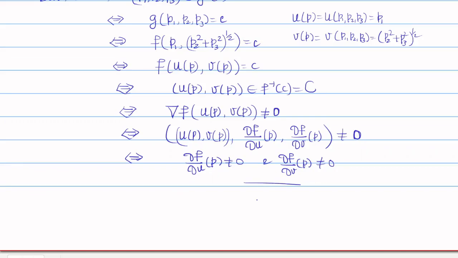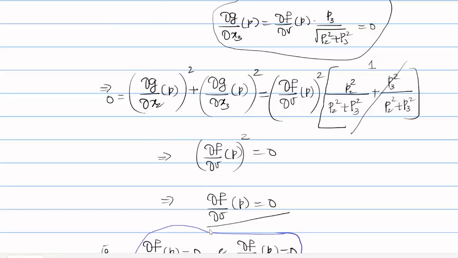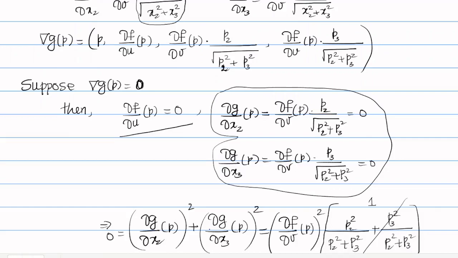இது இப்படிதான் கிடைக்கணும் எனக்கு. But நமக்கு என்ன கிடைச்சிருக்கு? So we have proved that this fellow is equal to 0 அப்படின்னு ப்ரூவ் பண்ணியிருக்கேன். இப்போ ஏதோ ஒரு இடத்துல தப்பா அசியூம் பண்ணியிருக்கேன். அது எங்க அசியூம் பண்ணியிருக்கேன்? இந்த அசியூம் பண்ணியிருக்கேன் பாருங்க. Suppose del g of p which is equal to 0 அப்படின்னு அசியூம் பண்ண இல்லையா? அது தப்பு.